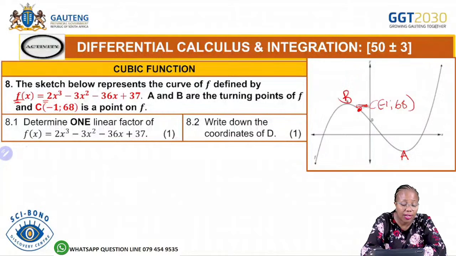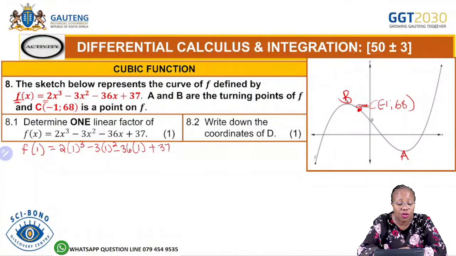So you can check now, if we put a 1 here for x, that will be 2 into 1 cubed, minus 3 into 1 squared, minus 36 into 1, plus 37. If you put this in your calculator, that will be 2, minus 3, minus 36, plus 37.